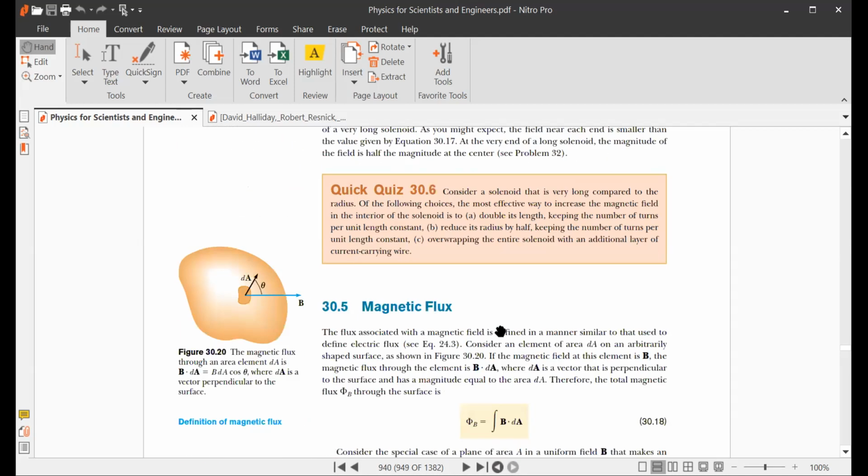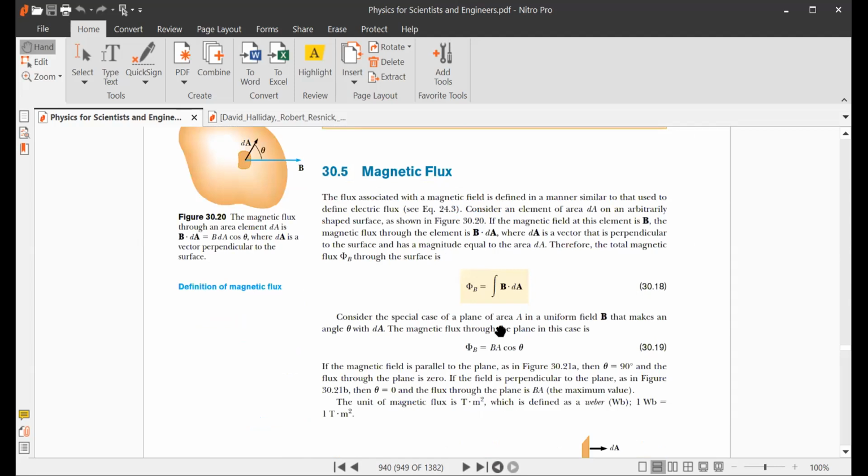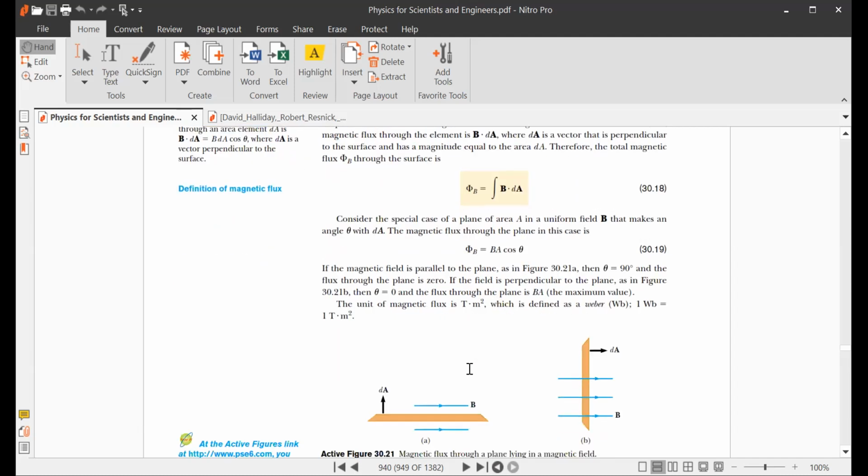Okay, let's move to the magnetic flux. Similar to electric flux, which is the integral of E dot dA, for magnetic flux we just replace the electric field by the magnetic field. In general it is the integral of B dot dA, where the magnetic flux is BA cos theta.